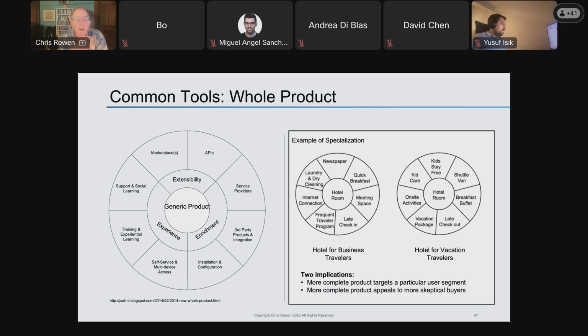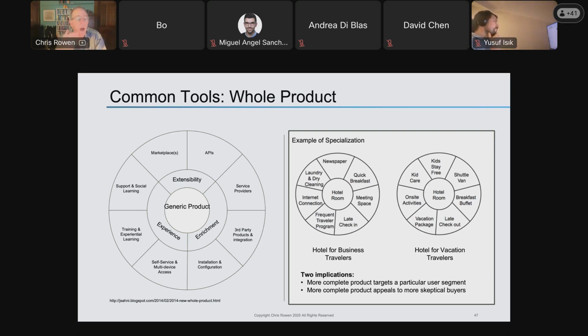You can generically describe it as something where you start from some core product, and then you think about how it might be enriched or how you might create a better experience around it or how it could be extended with additional features. And then you figure out, well, what is the environment in which it can be delivered and used?